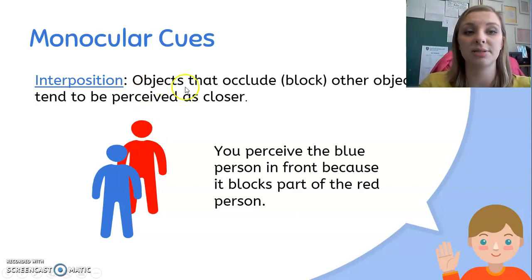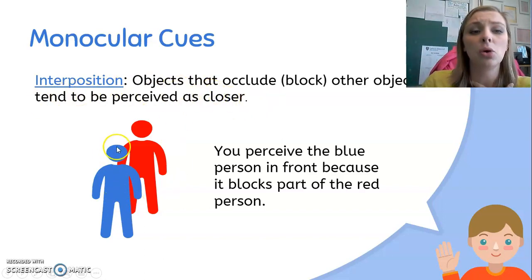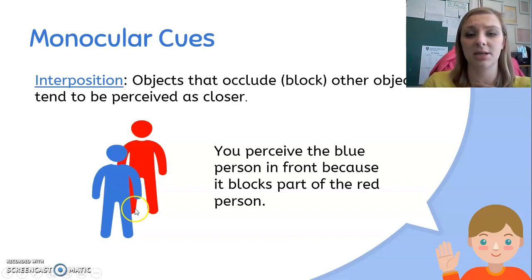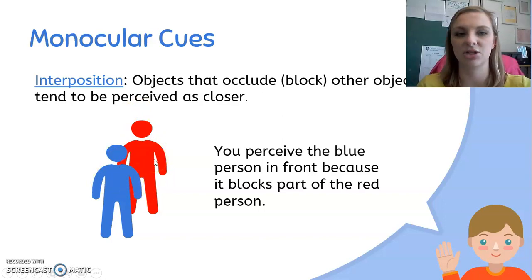The first is interposition. This is the idea that objects can block other objects, and that means that we can determine that that one is closer. So for example, we perceive this blue person here closer to us than the red person because the blue person is blocking the red. Okay, that's interposition.